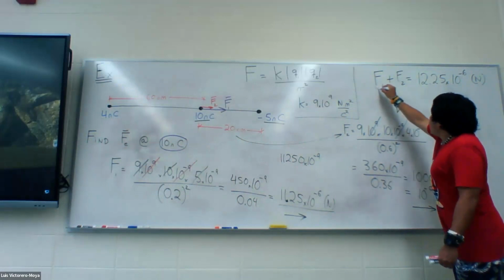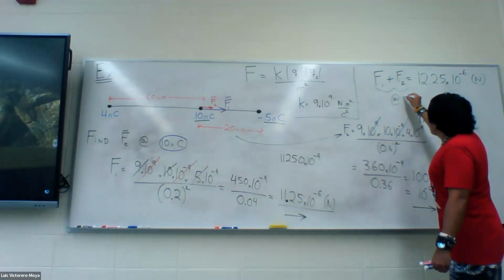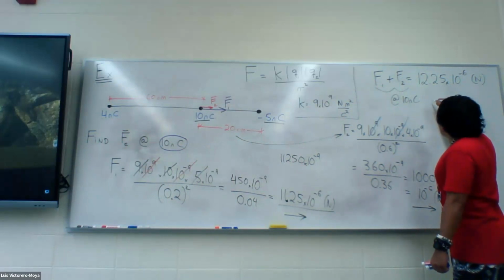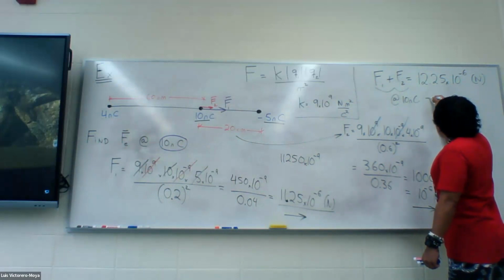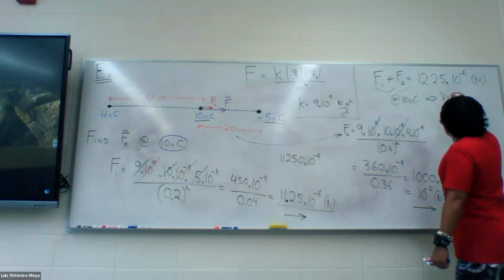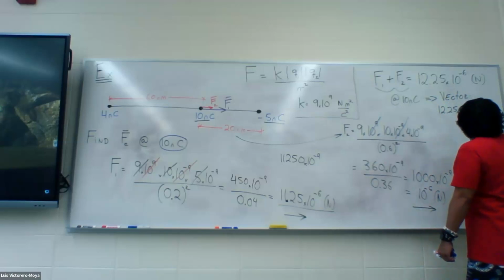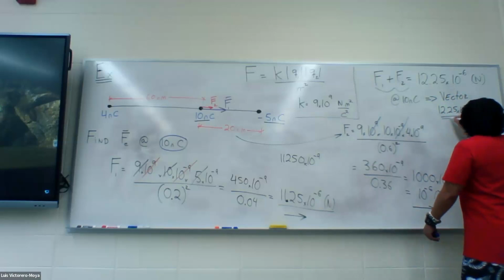That's the force at 10 nanocoulombs. As a vector, it will be 12.25 times 10 to the negative 6 i newtons.